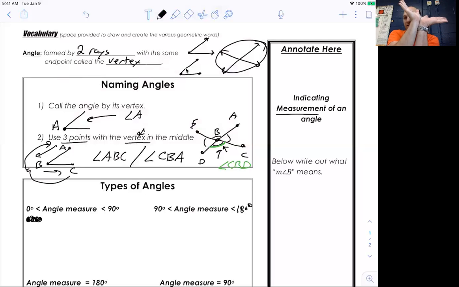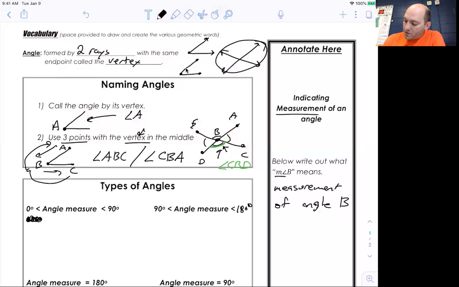Okay, 100 and something degrees goes bigger. So we want to notate the difference between naming an angle and the measurement of the angle. And that's what this is. If I put a little m in front of that angle symbol, that means the measurement of angle B. Okay? So when I put that little m there, I'm looking for an actual degree measurement.